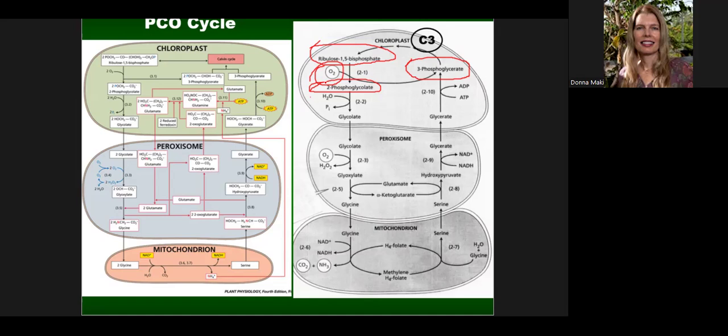And actually this has to run twice. You have to have the PCO cycle essentially run twice to get enough carbons to finally end up with 1 more PGA. Because remember, phosphoglycolate is only two carbons. You have to end up with a PGA out of this whole thing. 1 measly PGA out of this whole cycle.